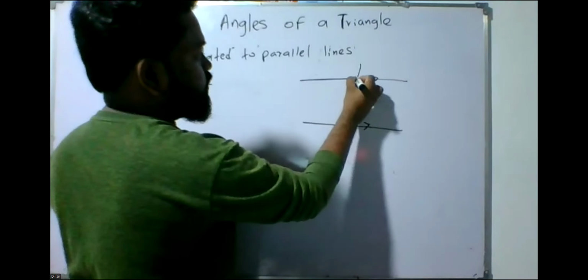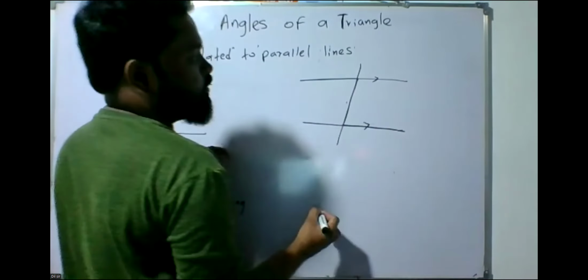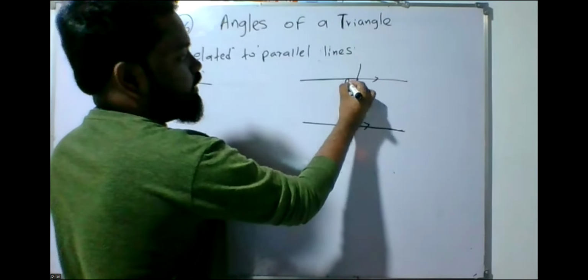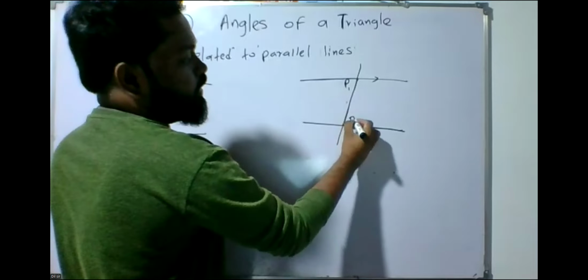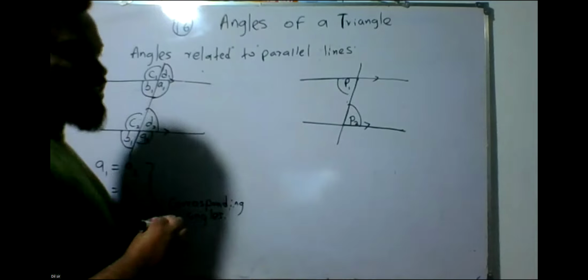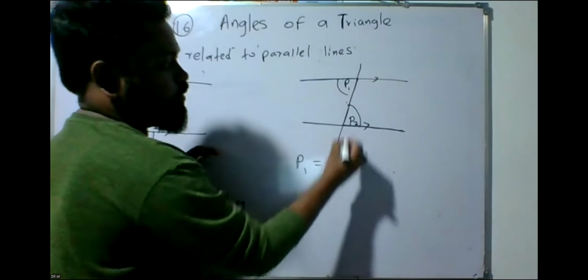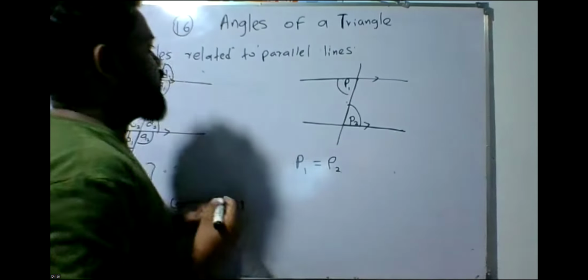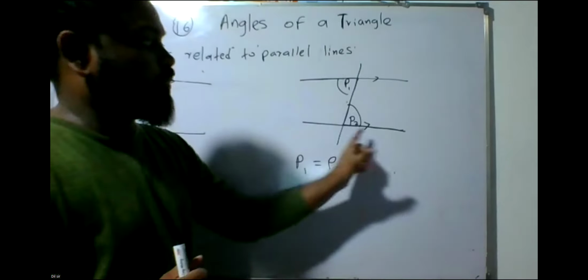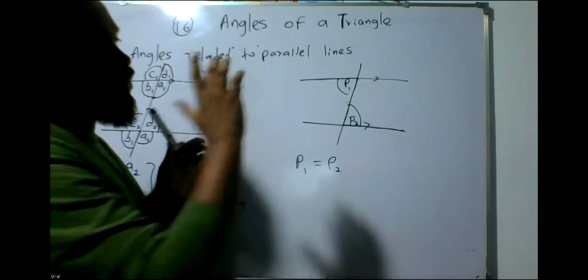Look, a letter Z. I put P1, P2. You can use another two letters, X and Y. Anyhow, P1 equals P2 because Z shape angles are equal when two parallel lines are intersected by a transversal. We call them alternate angles.